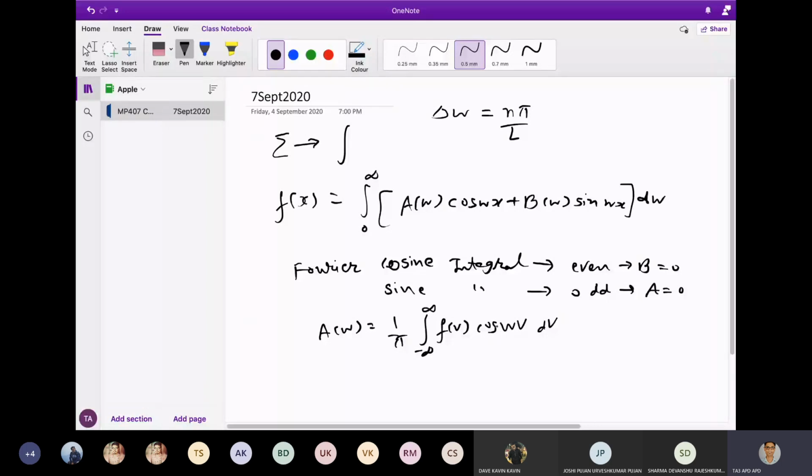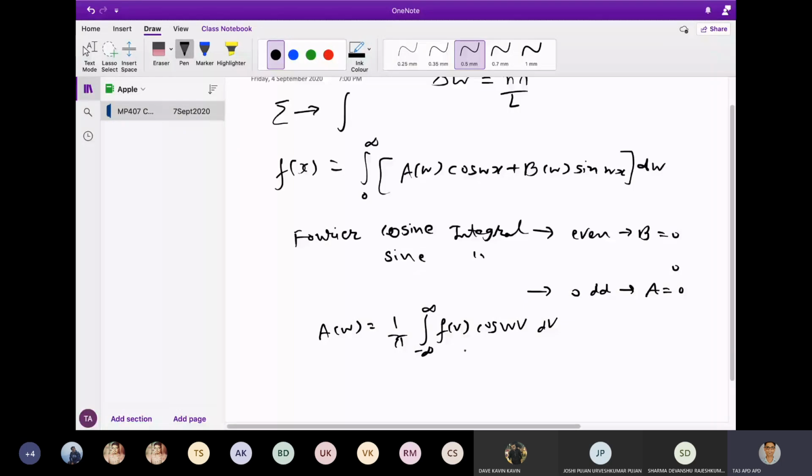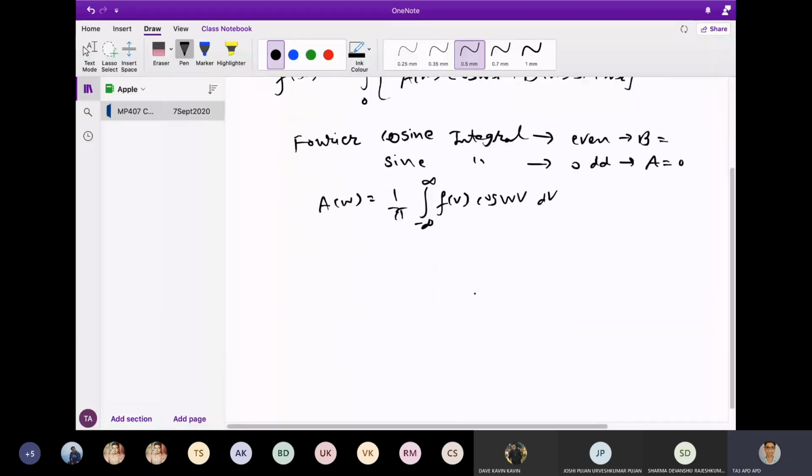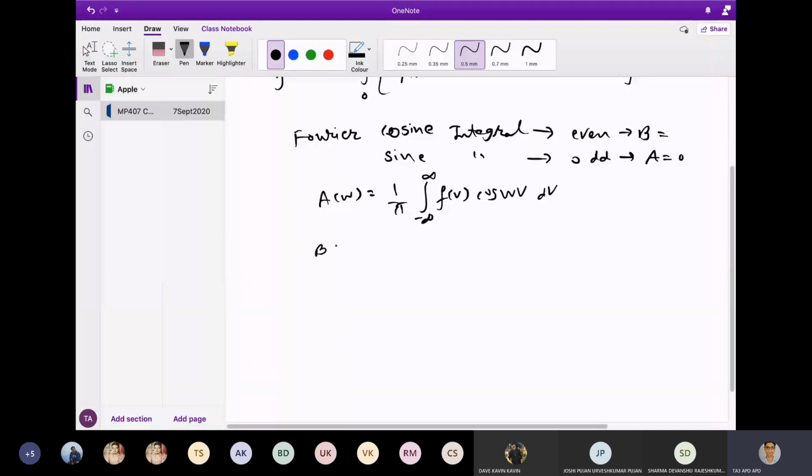The integration parameter is v, it's not an x. And same for the constant b, which is 1 over pi, integral from minus infinity to infinity of f of v sin wv dv.